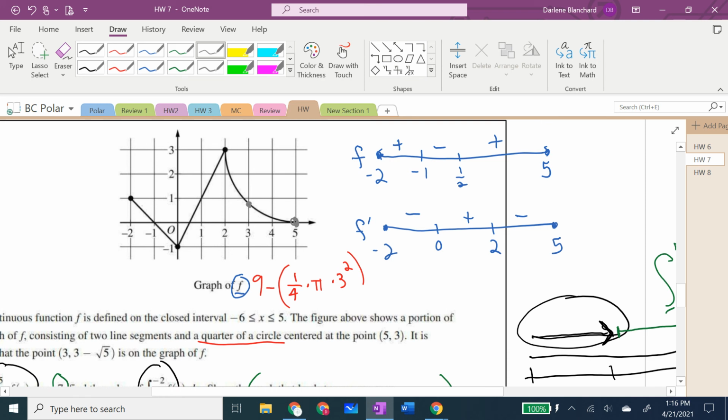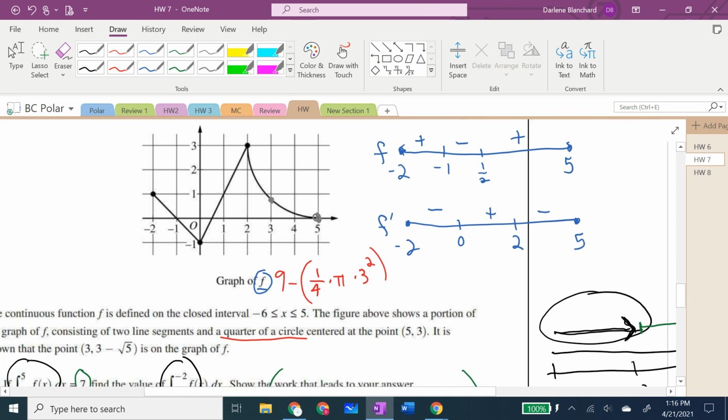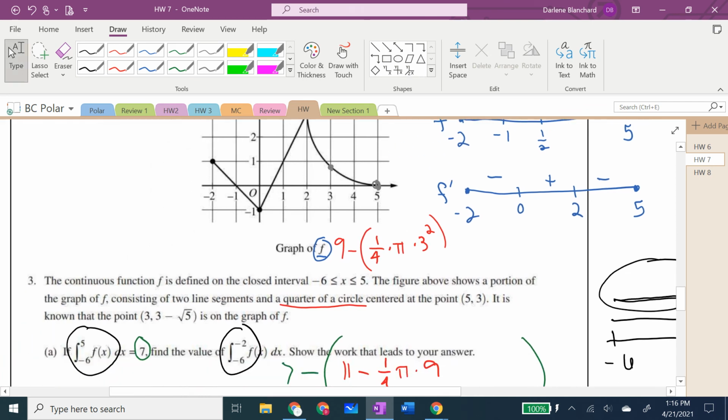To find f of 3, though, I'm going to have to create an equation of that circle. What? Oh my goodness. See, I was about to do something the really hard way, and you guys saw the Easter egg. I call them Easter eggs because you think you have to do more, and then all of a sudden you're like, wait a minute, they gave it to me. It's right there. So thank you.